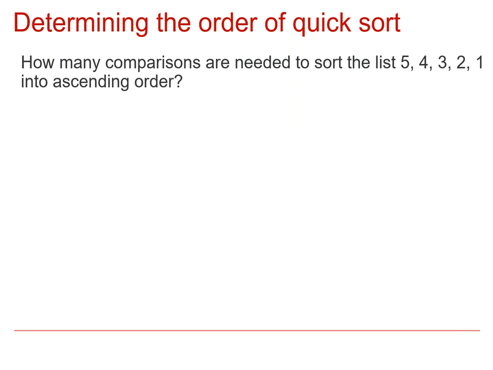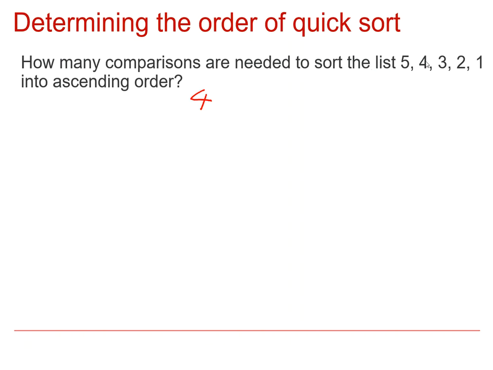If we try to do Quicksort, then the first time round, we'll pick 5 as our pivot, and therefore there are 4 other numbers that we're going to have to compare with the 5 in order to do that stage of the algorithm. So to start off with, we're going to have 4 comparisons. Once we've done that, 5's dealt with, we've got a list of 4 numbers, all of which went to the left of the 5.